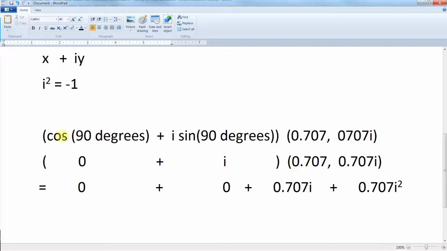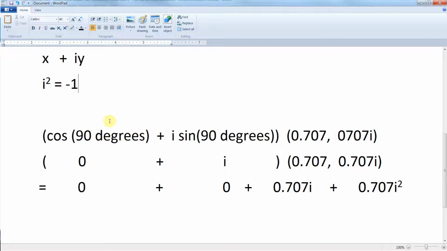So first of all, the cosine of 90 degrees is equal to 0. You put in 90 in your calculator, hit cosine, it'll give you a 0, because cosine returns x when you're looking at basic trigonometry, right? And then the same thing here, the sine of 90 degrees returns 1. But in this case we have to multiply 1 times i, so that's where that i term comes from.